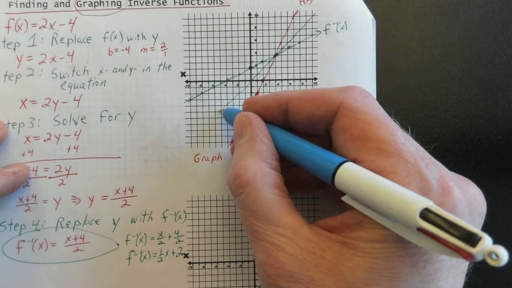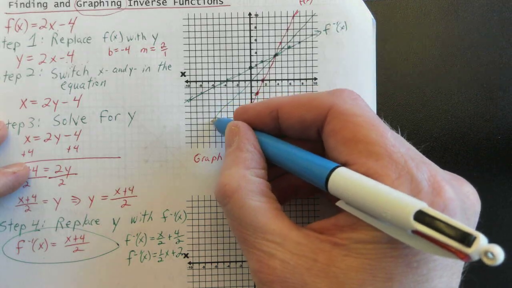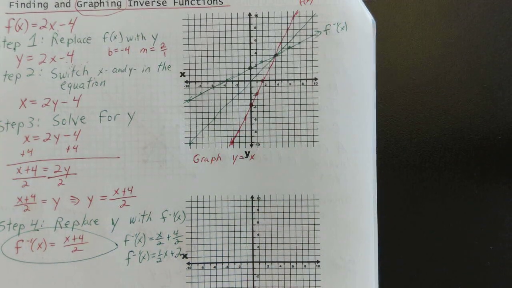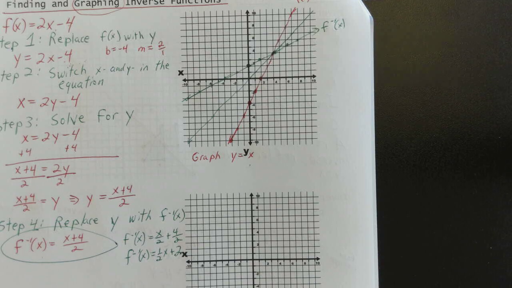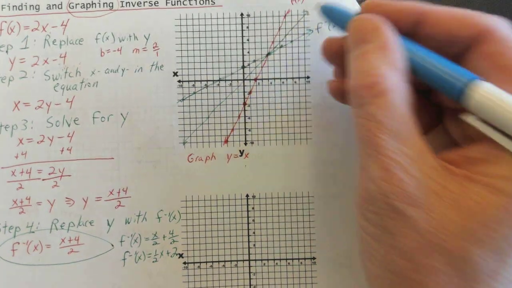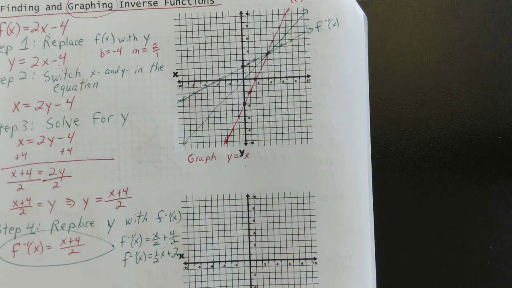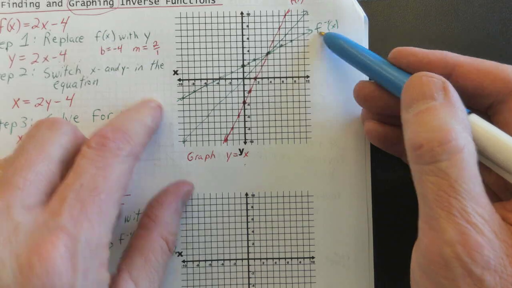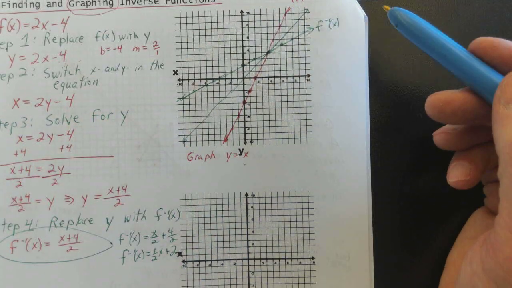What are you noticing about the two lines relative to the line y equals x? What are you noticing about that? Michael? Equally split. In fact, I think we could say that we could reflect one line over that other line, right?